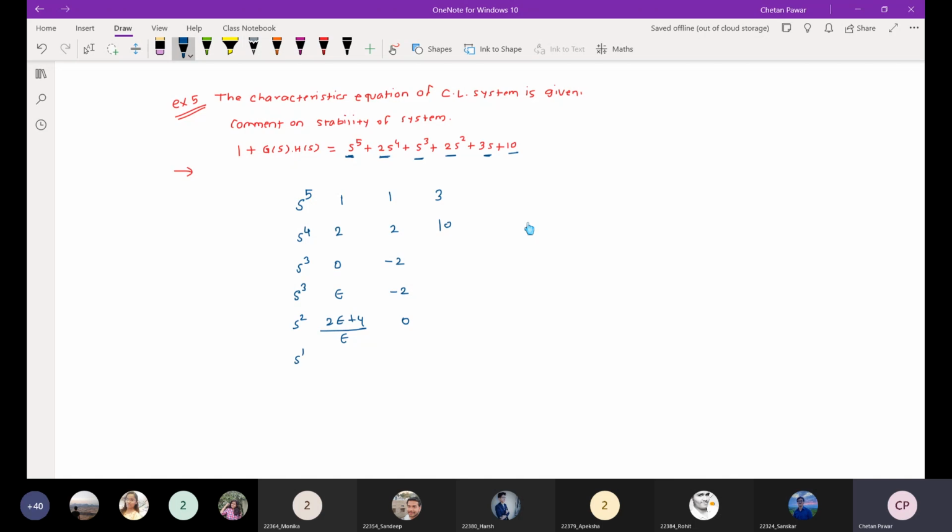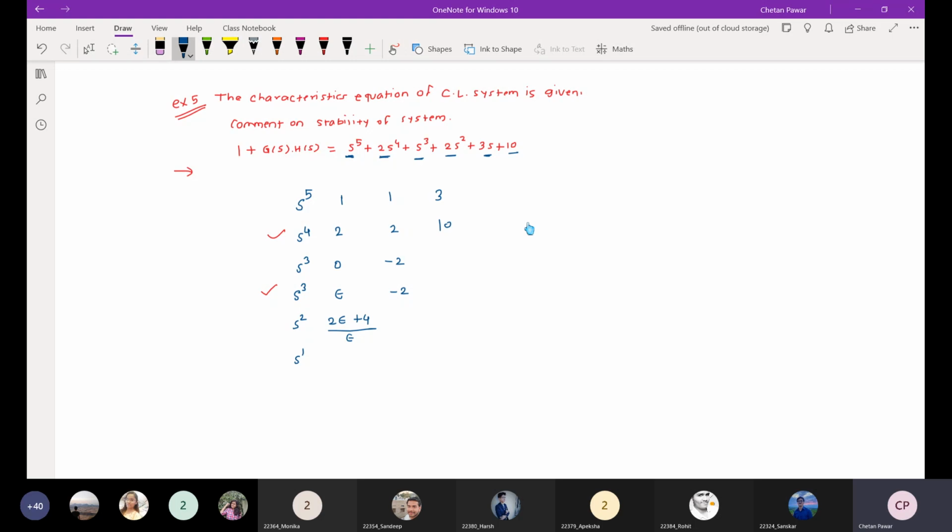Then s raised to 1. Wait, what we have done, this is s cube, right? We need to take an element of this row and this row to find out the element of this row. So this will be 2 epsilon plus 4 divided by epsilon. This is right.